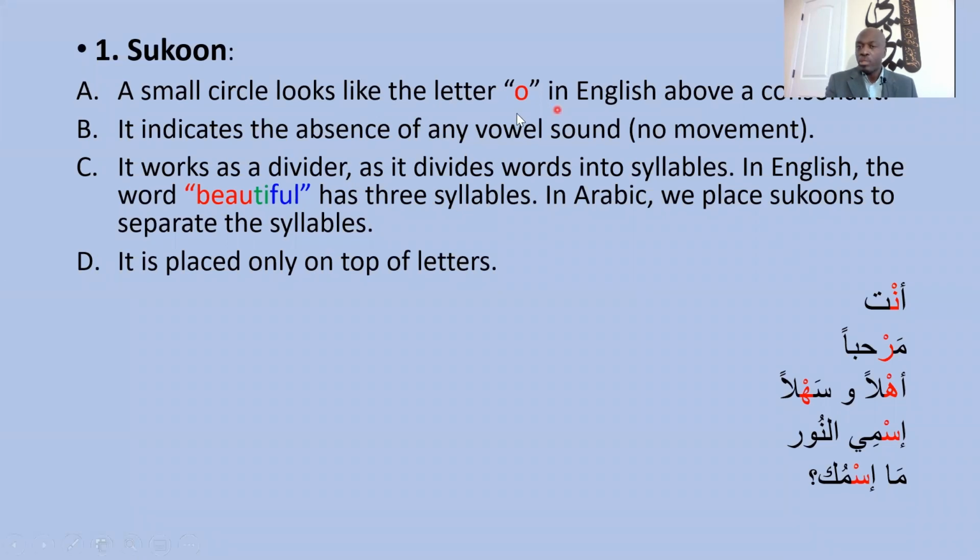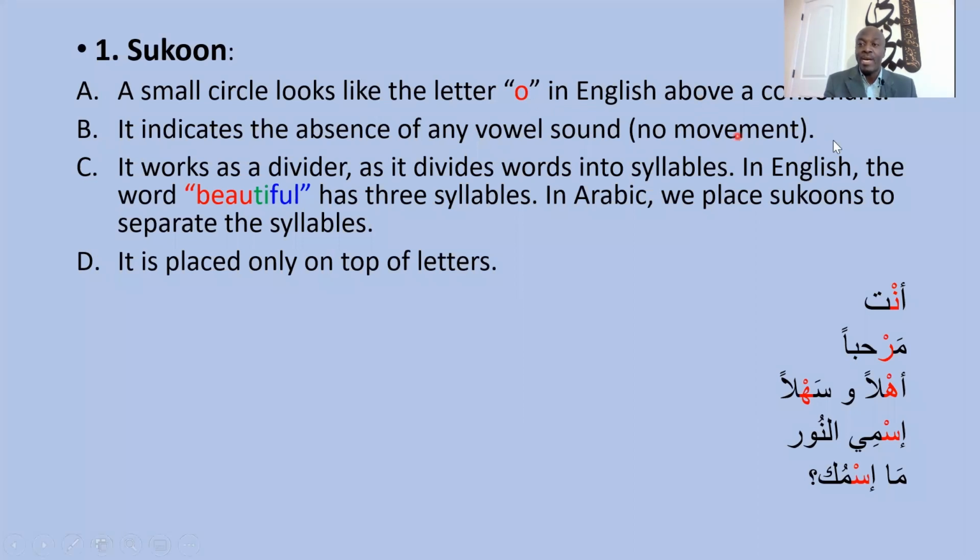So let's go and see the sukun and the shadda here. It's a small circle, as I said, looks like the letter O in English, and we put the sukun above or on top of a letter to indicate that there is no movement on that letter.